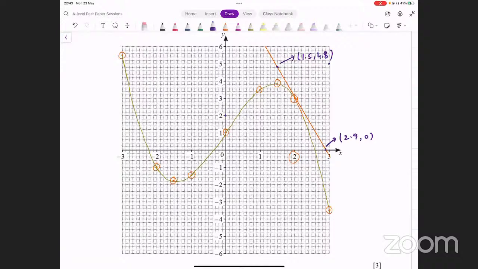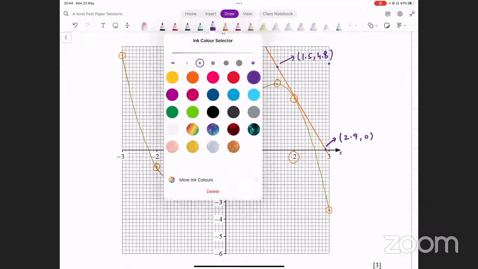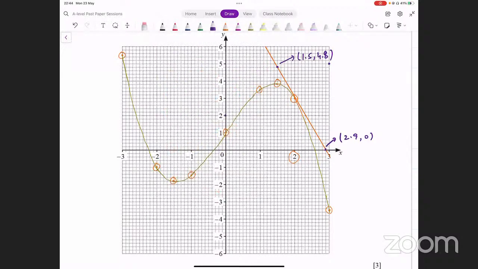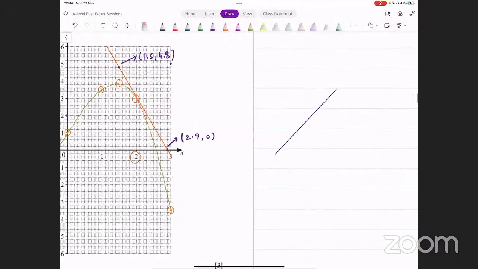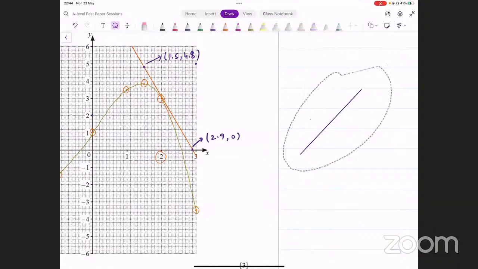ये दो points आ गए मेरे पास. इनको मैं join कर देता हूँ using a straight line. Okay, so again, इसके ऊपर थोड़ा सा line का issue आता है. I'm going to do that on the side and then just copy that here.